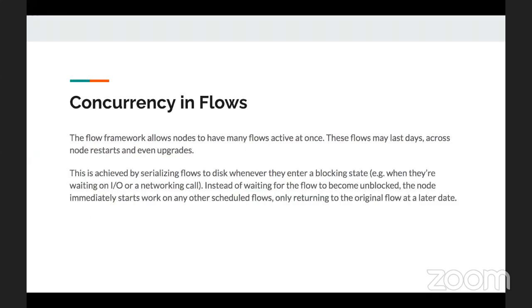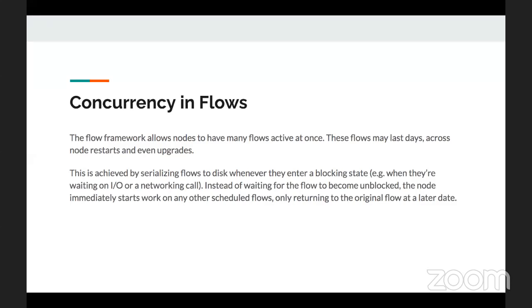And now we talk about concurrency in flow. So the flow framework allows nodes to have many flows active at once. That is why we mentioned killing some of the stale or dead or orphan flows. These flows may last days.